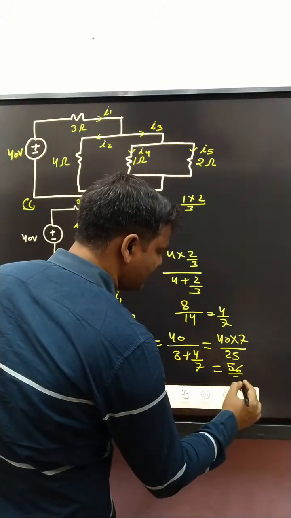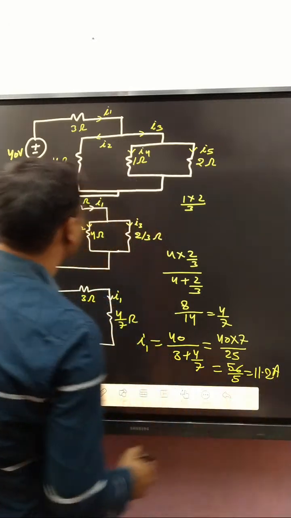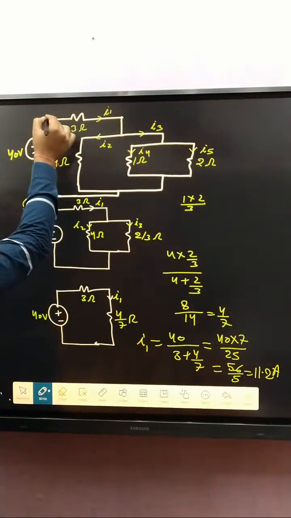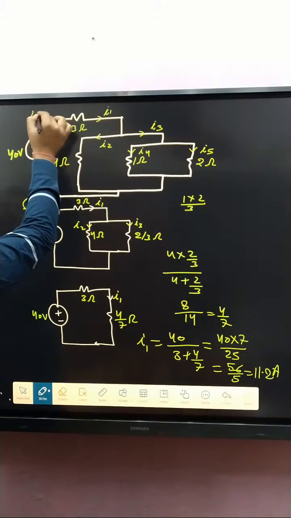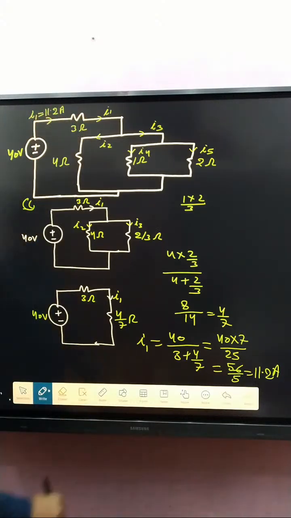Then that is 11.2 ampere. So basically I1 is 11.2 ampere. Clear or not? If anyone faced doubt, then tell me, I will explain again. This is I1. I1 is 11.2.